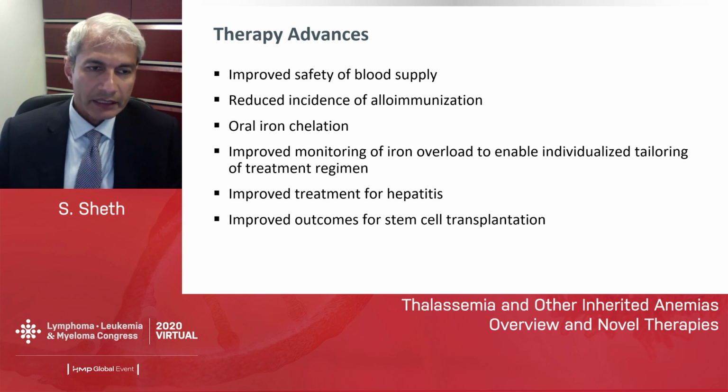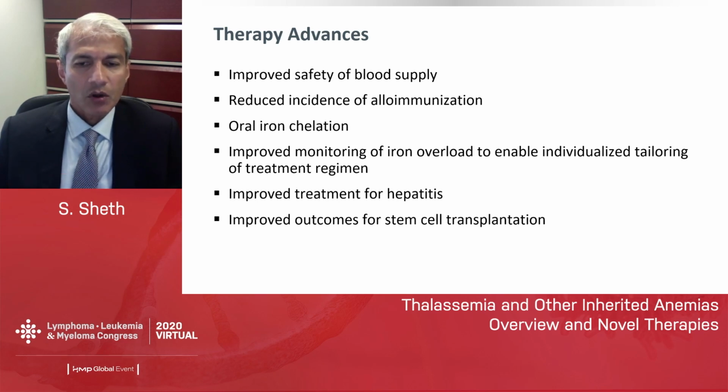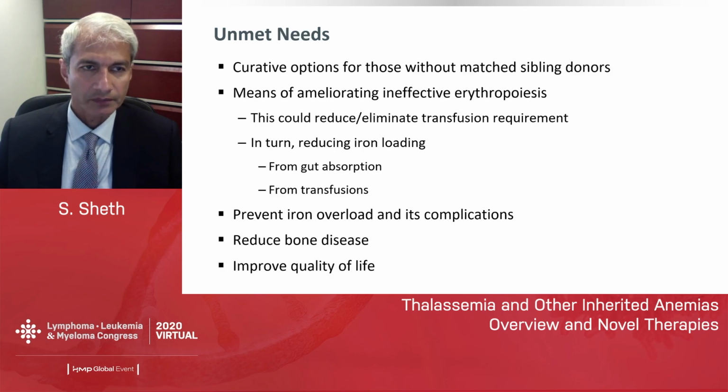We have oral iron chelation. We have better ways of monitoring iron overload and individually tailoring the treatment regimen. We have improved treatment of hepatitis and HIV for those individuals who did contract it. And outcomes for stem cell transplantation have also improved dramatically over the last 30 or 40 years.